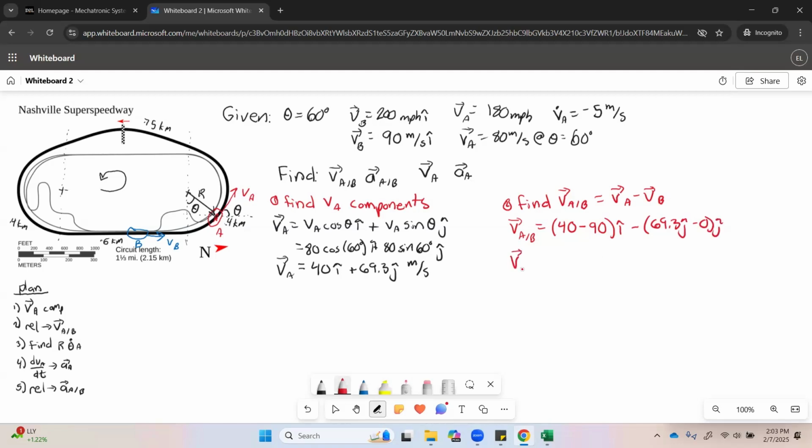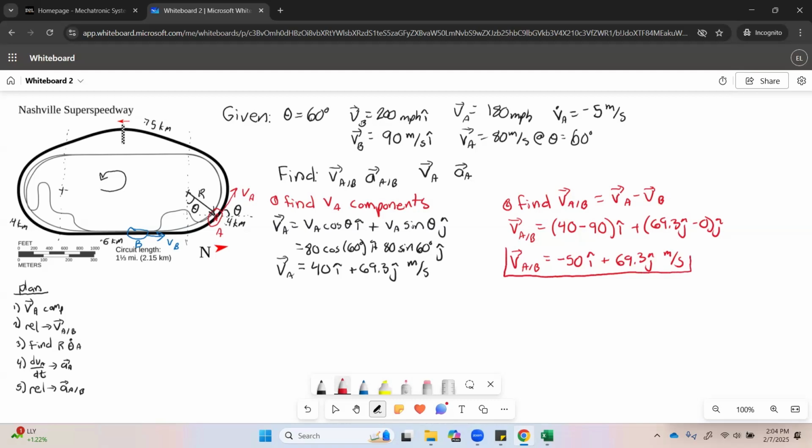So velocity of A with respect to B equals negative 50 i-hat plus 69.3 j-hat meters per second.